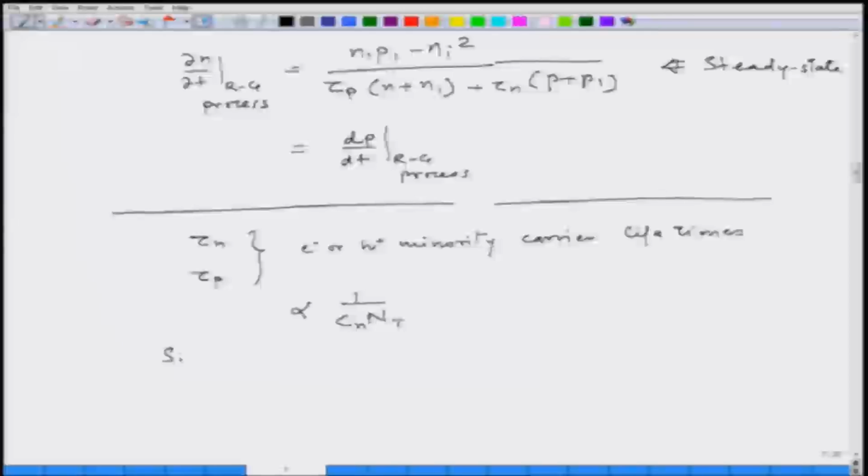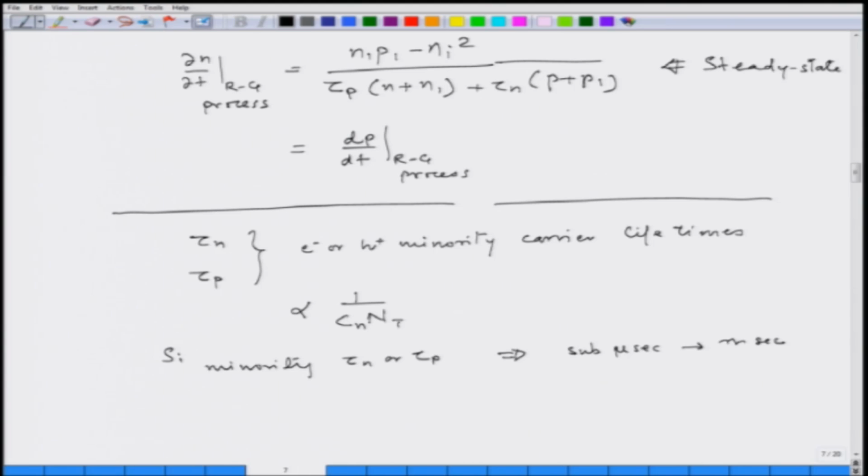Typically, if I take silicon, I would find tau n or tau p can range from microseconds to the range of milliseconds.